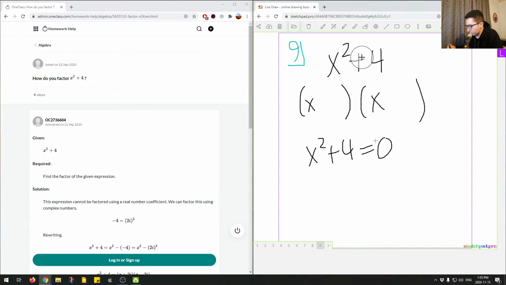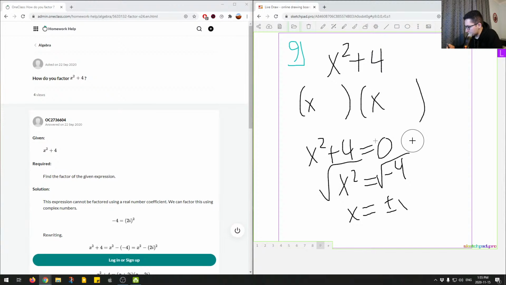You want to solve for x squared is equal to negative 4. And then here we can see that if we're trying to solve for x, we have to square root a negative number. If we square root both sides of the equation, you can see that x is equal to plus or minus the square root of negative 4. And that's really the main idea here for this question, that we're square rooting a negative number.